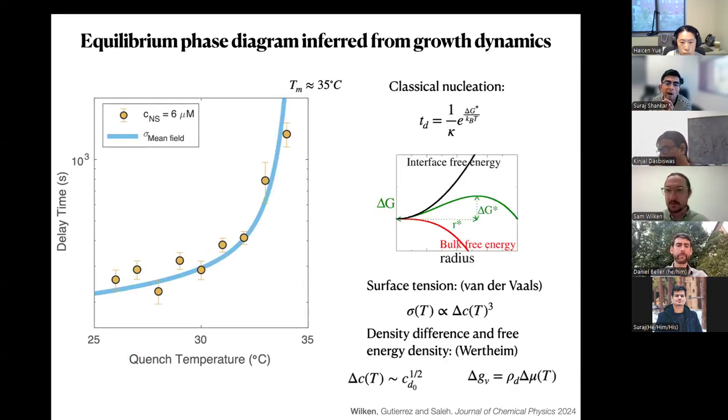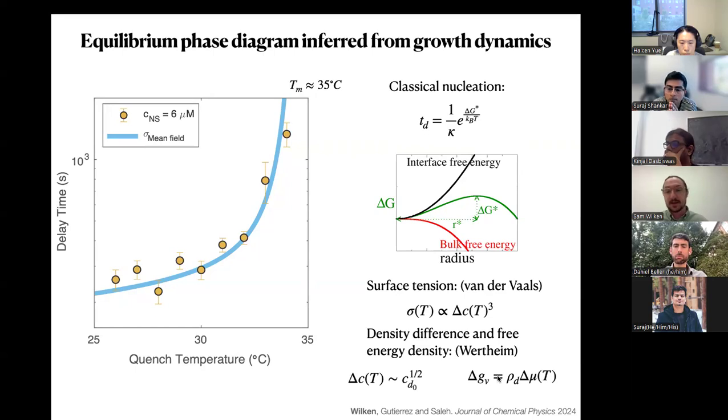And so we wrote down a very simple model that depends on classical nucleation. This increase in delay time was evidence of a nucleation barrier developing. We combine this classical nucleation picture with the van der Waals picture of surface tension, because we don't have direct measurements of the temperature dependence of the surface tension. But what we do have is a very good theoretical understanding of the equilibrium phase diagram of DNA nanostars, that is the Wertheim patchy colloid picture.